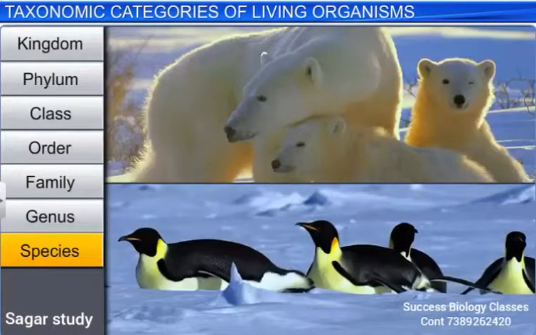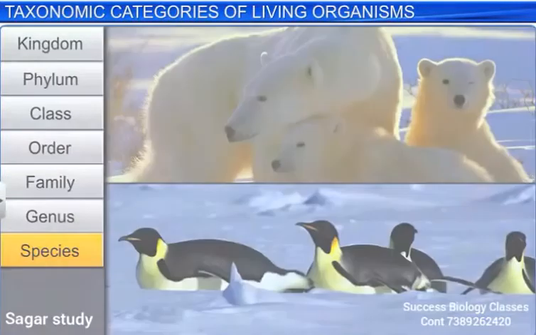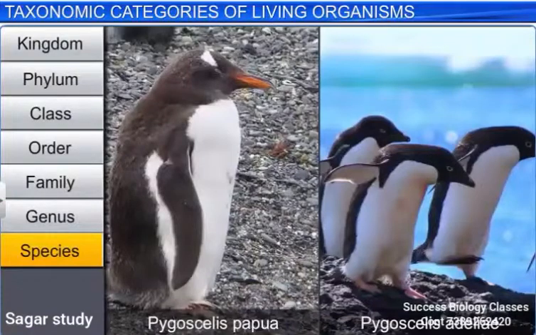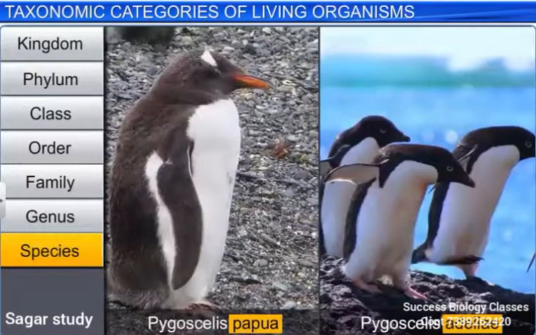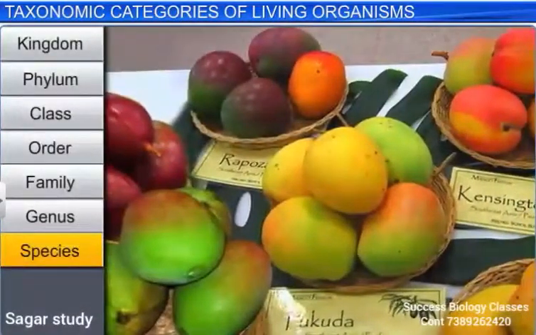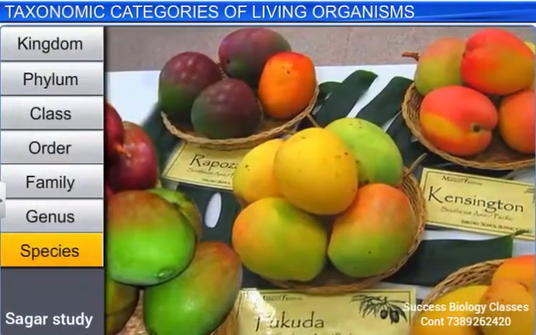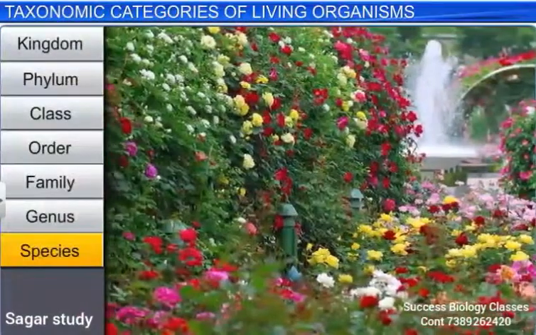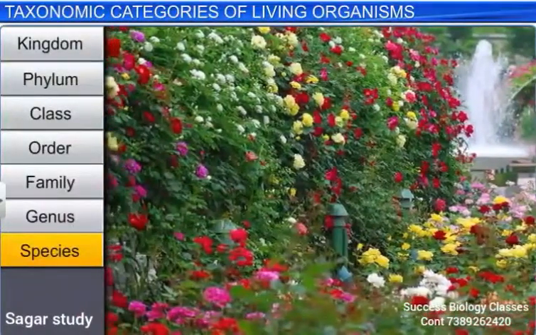It is a group of individual organisms with fundamental similarities. You can distinguish one species from another closely related species based on morphological characters. Think of the varieties of mangoes available in the market, or the different species of rose in the garden.